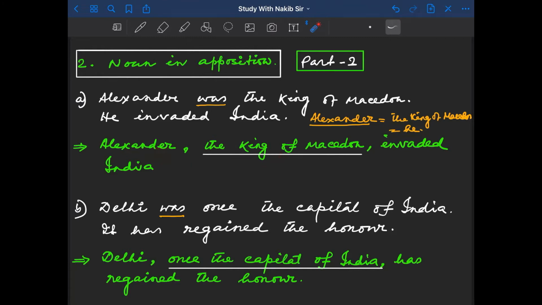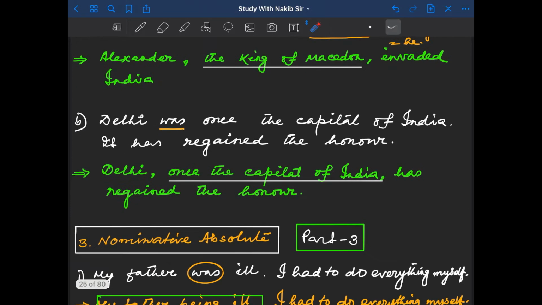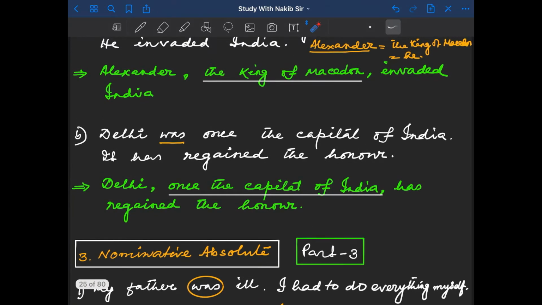So the second noun is called the noun in apposition to the first noun Alexander. So here your combined sentence is Alexander, comma, the king of Macedon, comma, invaded India. Okay. Now go to the next example.